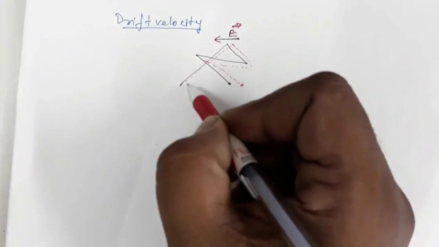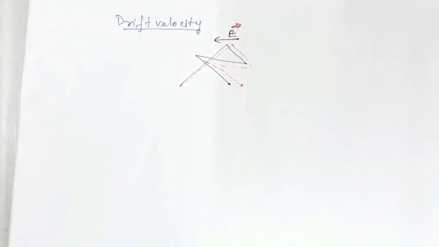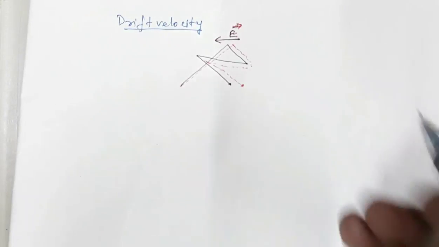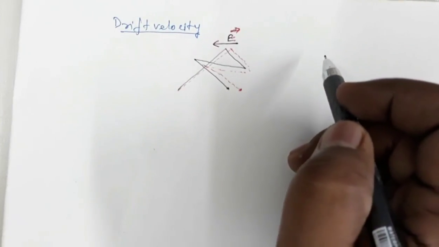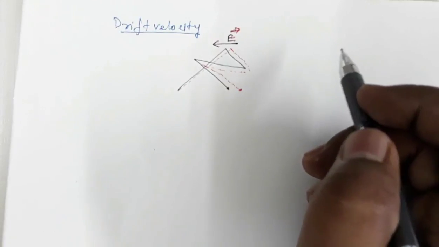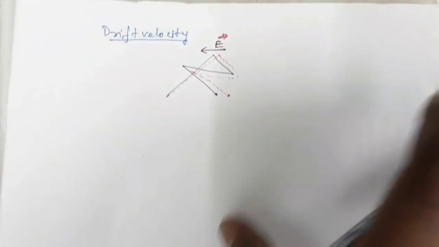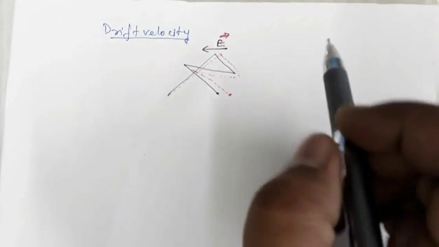Okay, so this is the dotted red line. This is the path traced by the electron in the presence of electric field. So what does this mean? See, when there is no electric field, all the electrons are in a state of random motion. When in a state of random motion, the average velocity of the free electrons will be 0.